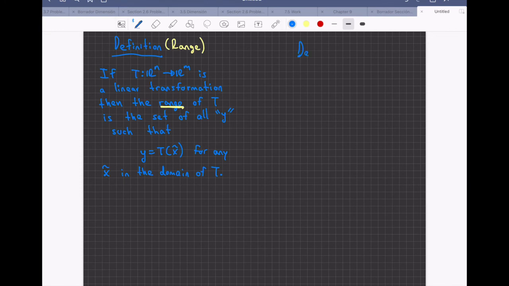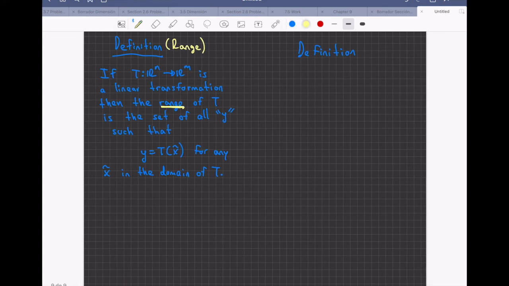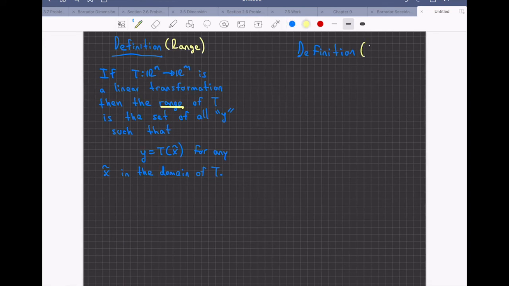Other definition. This is going to be the kernel or null space.